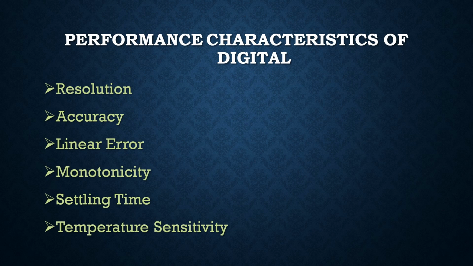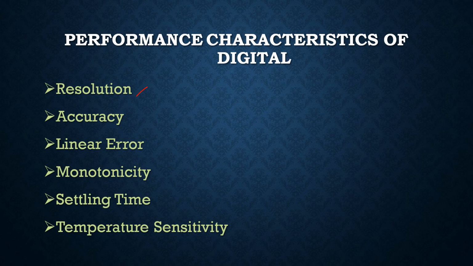Here we have performance characteristics of digital instrument. First characteristic is resolution. Resolution is defined as the smallest increment in voltage that can be discerned. Basically resolution will depend on the number of bits.